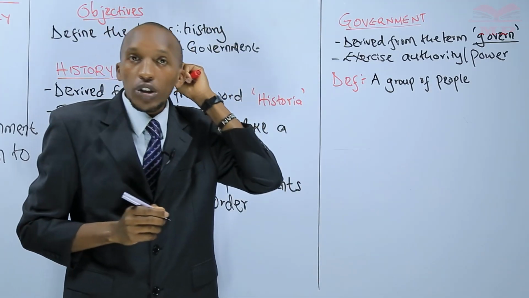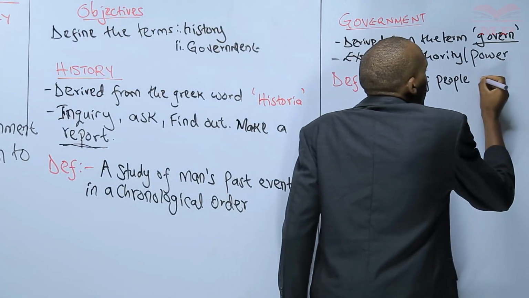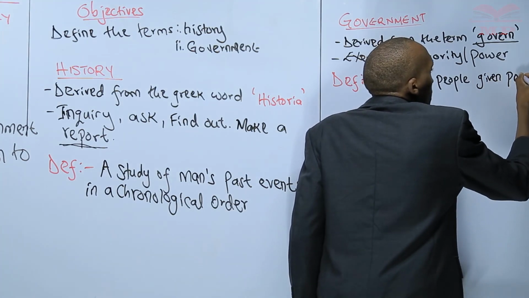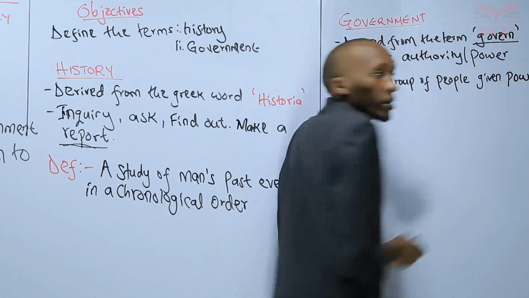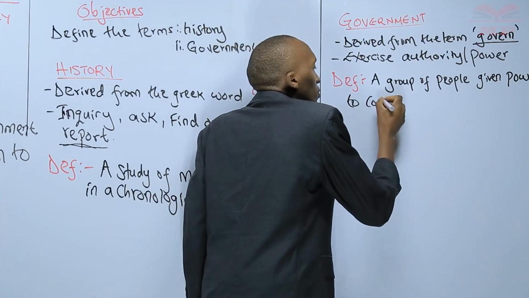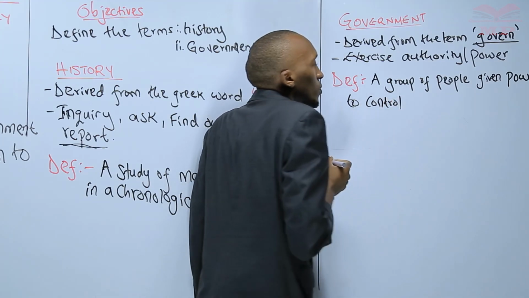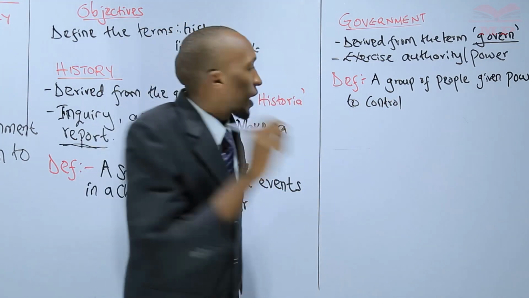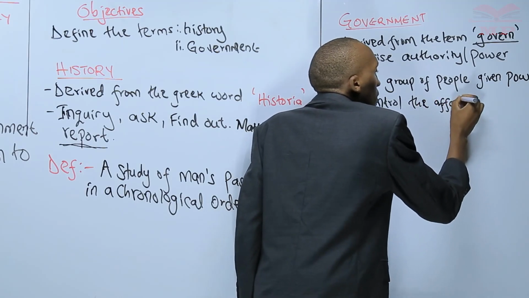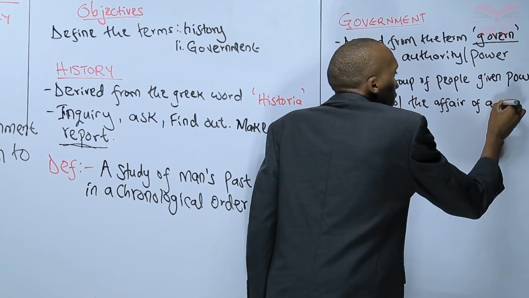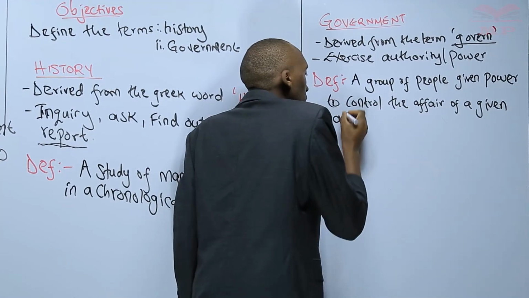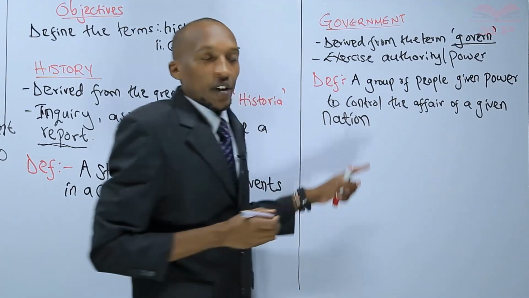A group of people who do what? Who have been given power. Given power to do what? To control the affairs of a given nation.